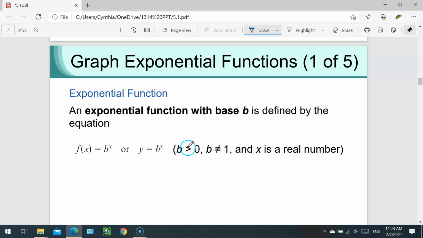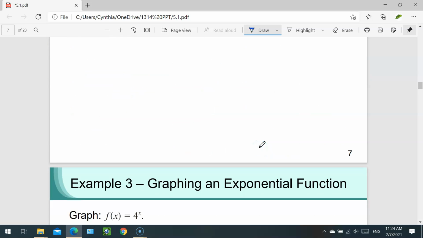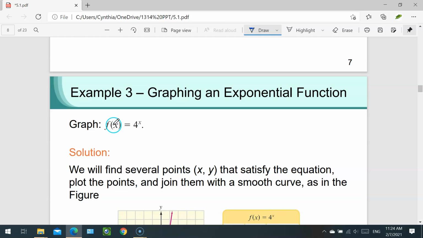Your b must be greater than 0, and b cannot equal 1. The x is a real number. We look at this example: graph the function 4 to the power x.